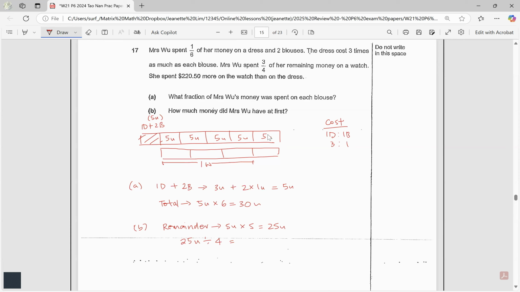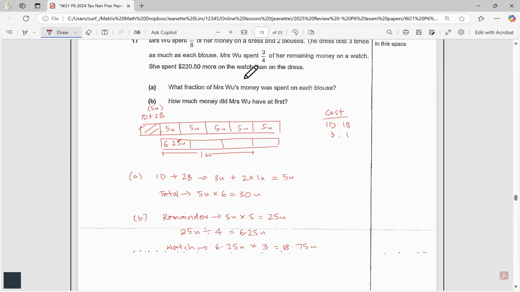So you divide by 4, get 6.25 units. Since one watch is like 3 parts, to find one watch, I'll take 6.25 units times 3, 18.75 units. Okay, that's one watch.